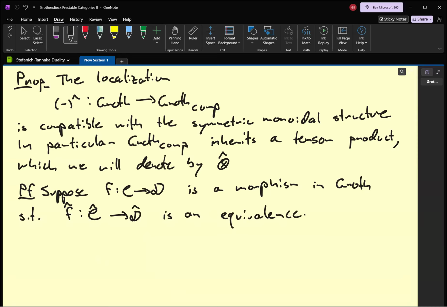So now what we're going to show is that if we tensor with any other guy, we will still remain an equivalence after completion.